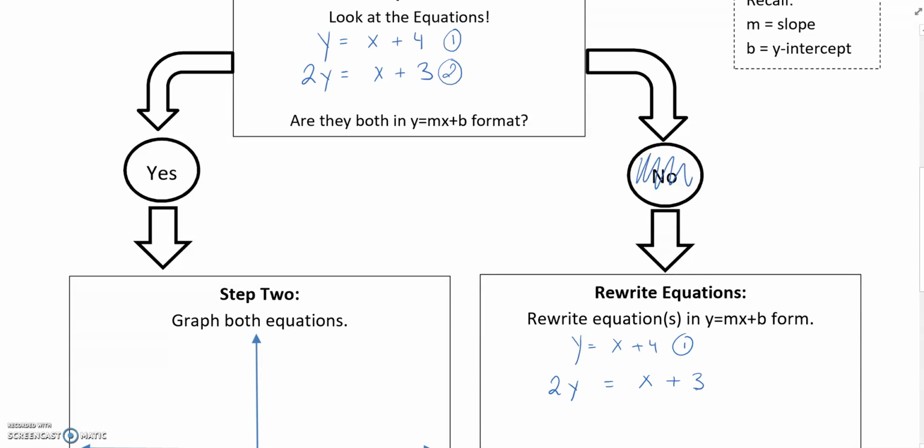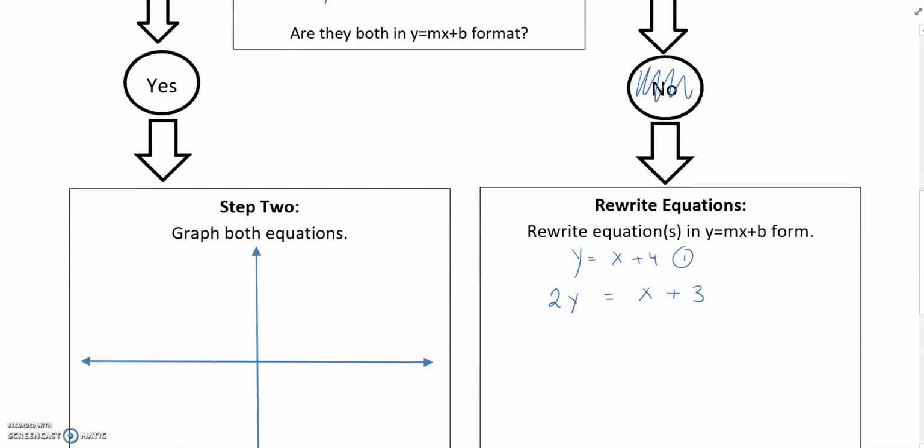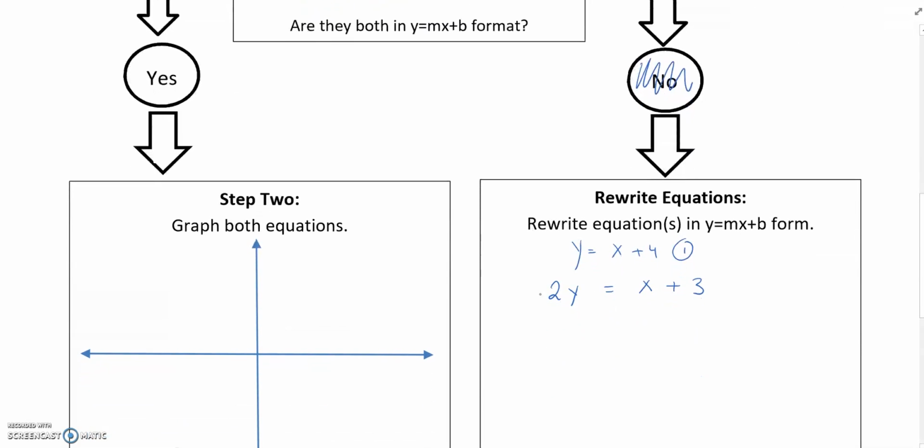In order to do that, we need to use our algebra rules. I can see that the 2 is attached to the y through multiplication. To undo that, the opposite operation would be to divide both sides by 2. Whatever you do to one side, you must do to the other side. 2 divided by 2 gives you a 1y, and we're left with x over 2 plus 3 over 2.